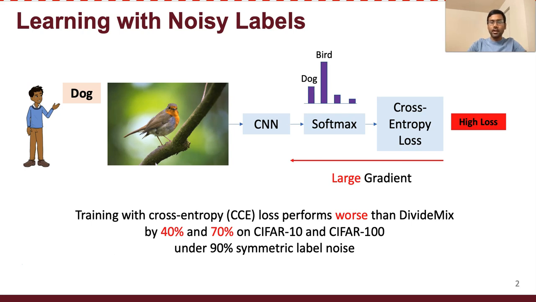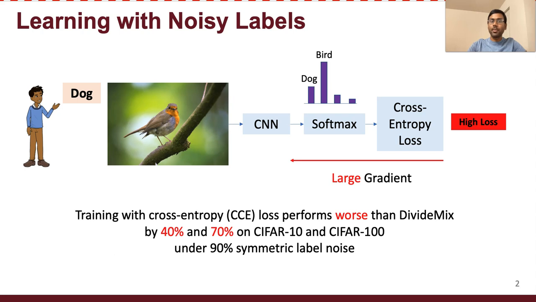So I'm going to use this image example throughout the presentation, where the true label is bird, but it has been annotated as dog. And I'm going to analyze what happens when you pass this noisy sample through different models. So if we give these noisy examples to a CNN classifier with cross entropy loss, what is going to happen is that although the model correctly classifies it as a bird, because it has been incorrectly labeled, it will still incur a high loss value.